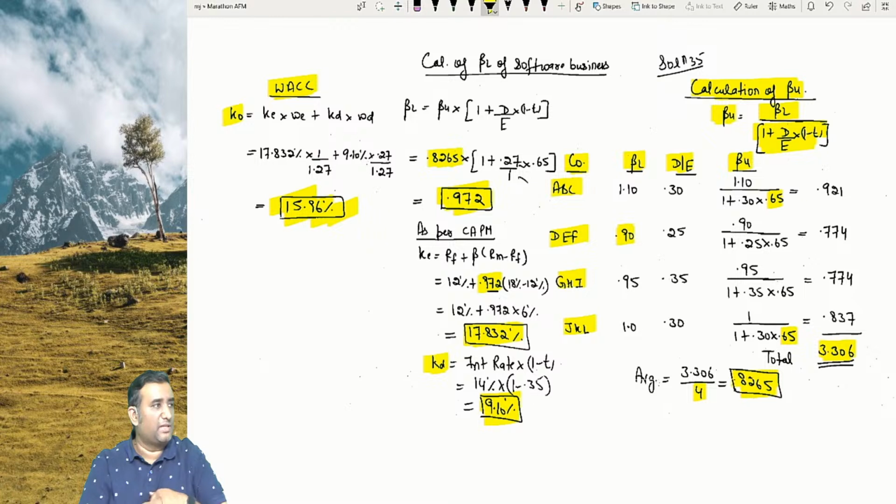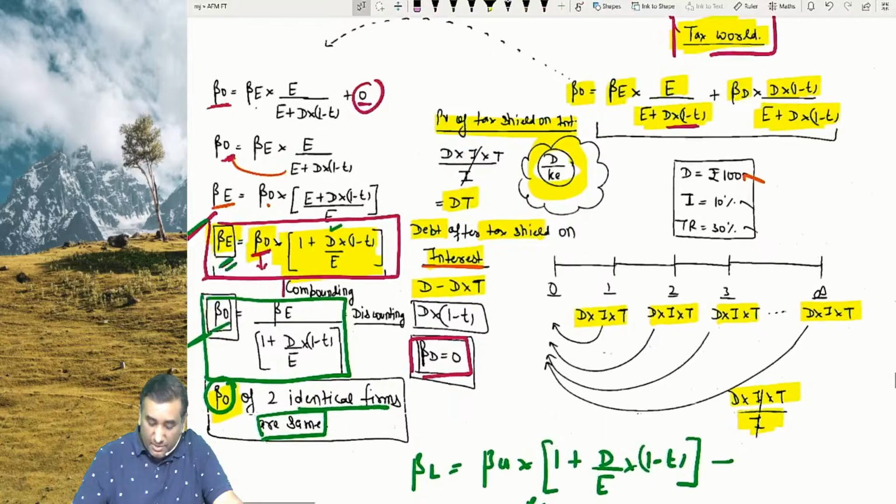You can simply remember that normal formula also. The overall beta is beta equity into weight of equity plus beta debt into weight of debt, and you can create this formula. Basically, this was a derivation of the formula I have done. In case you find difficulty remembering this formula, instead of doing a derivation, just remember the overall beta.